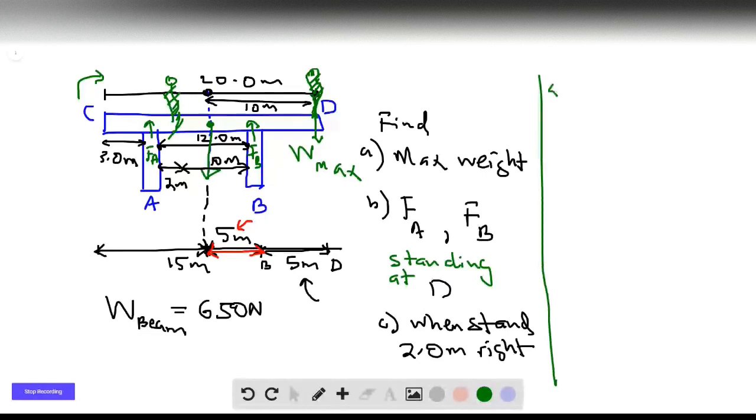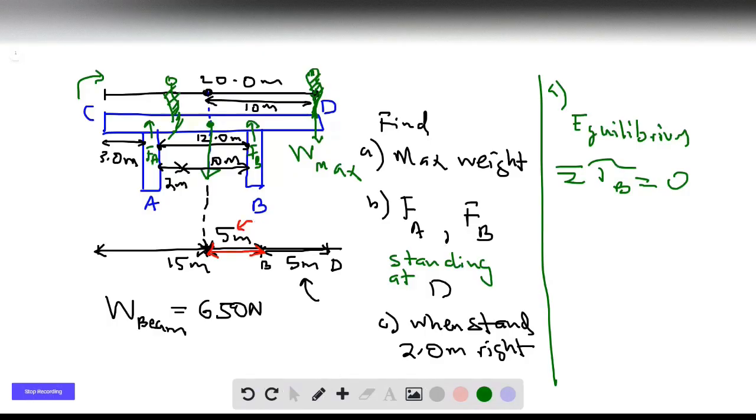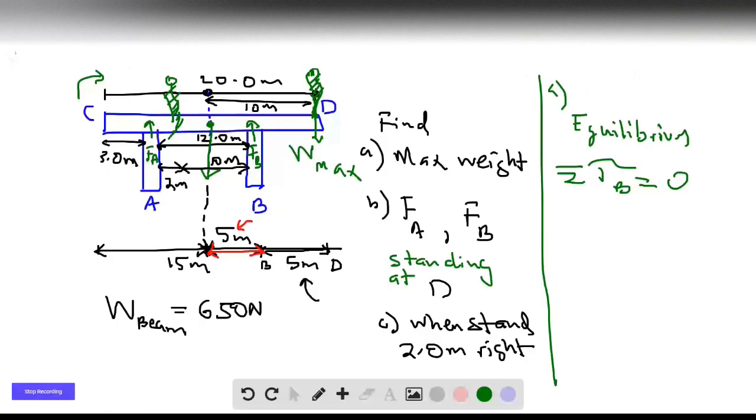We're going to start with the first one, where we want to find the maximum weight of the character. Remember, the system is in equilibrium just before it tips. And therefore, the sum of torques about B is going to be 0. And so the weight of the beam, remember this one is pointing downwards.